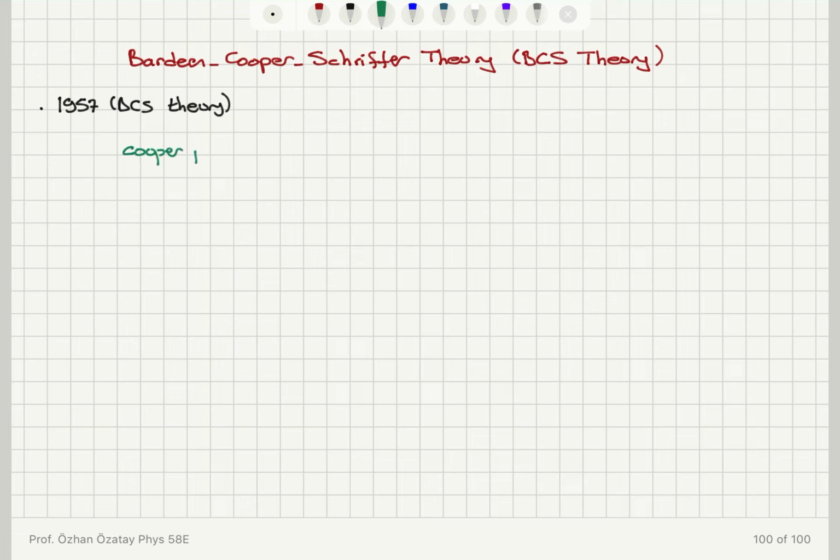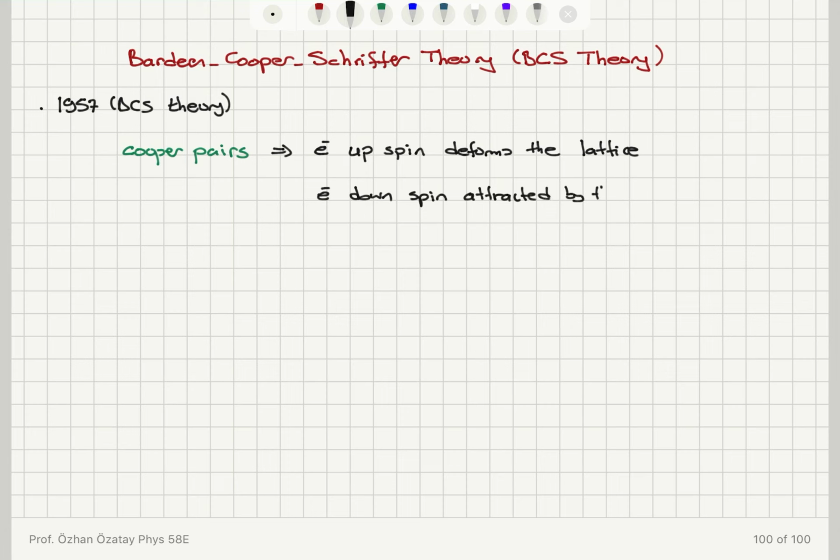So Cooper pairs: an electron with up spin, let's say, deforms the lattice, and an electron with down spin is attracted by the deformed lattice. So in a Cooper pair we have electrons with opposite spins.